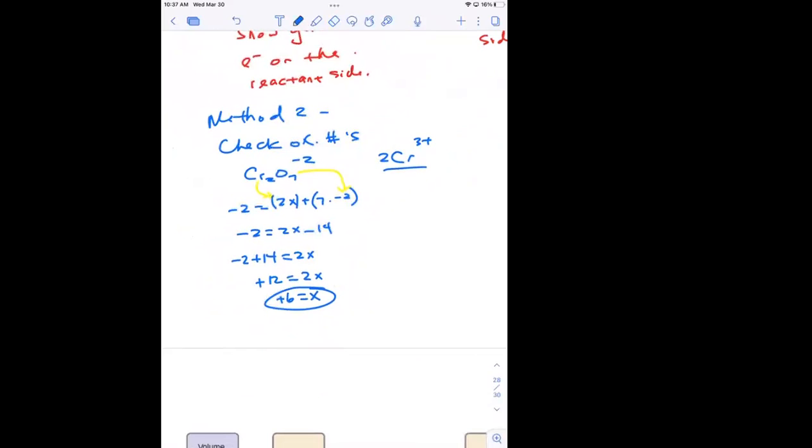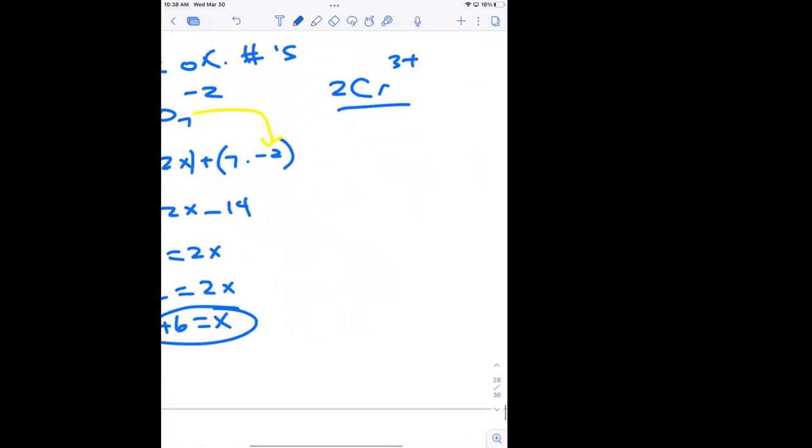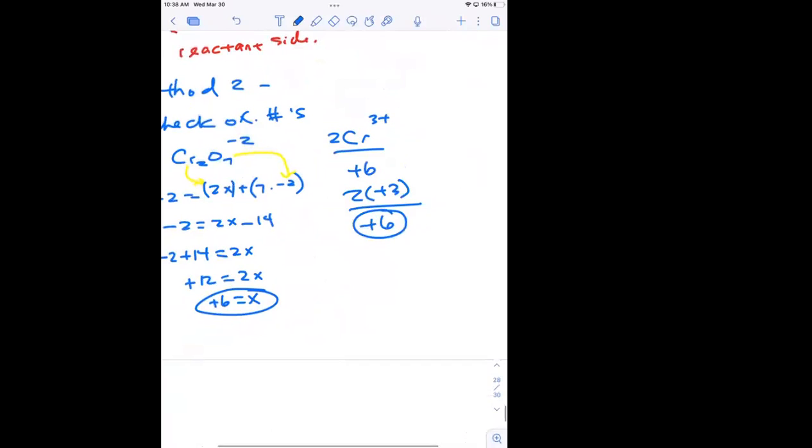And since there's 2 of them, that charge is +12. So then that means that the other side, this has what? This is +6 because it's 2 times +3, right? So that's +6. So then now you can see this is +12, +6. So I need to subtract or add 6 electrons.